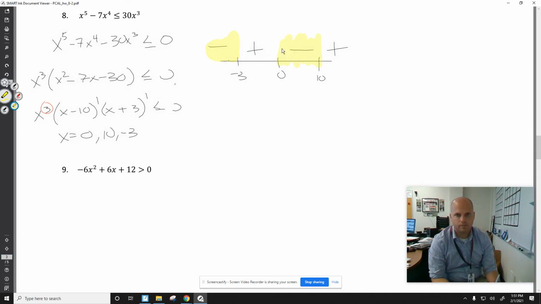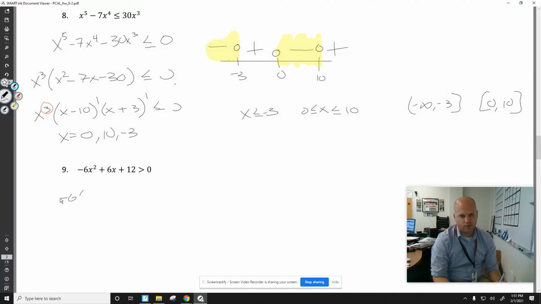Including this 0. X is less than or equal to negative 3. X is greater than or equal to 0 and less than or equal to 10. Or negative infinity, negative 3 include. 0, 10 include.